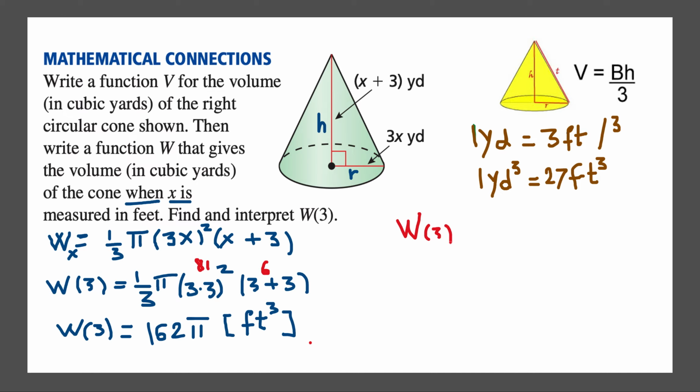If I divide everything by 27, it turns out 1 yard cubic divided by 27 is equal to 1 feet cubic.